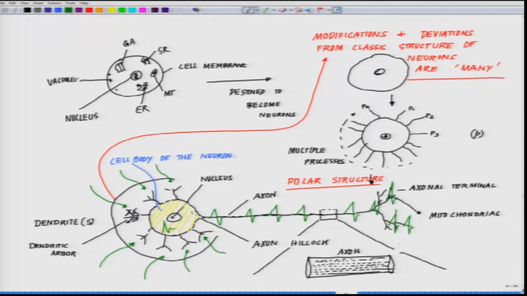The next neuron starts here, whose dendritic arbor is out here. It is going to the next neuron, or imagine there is another neuron sitting there.